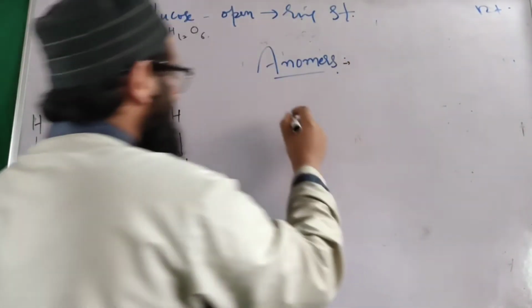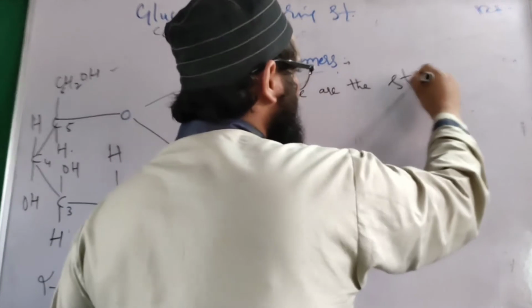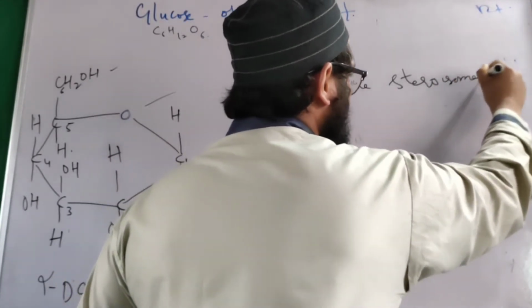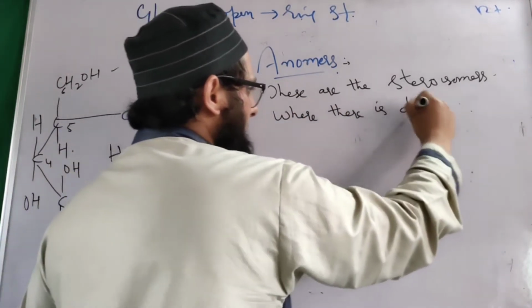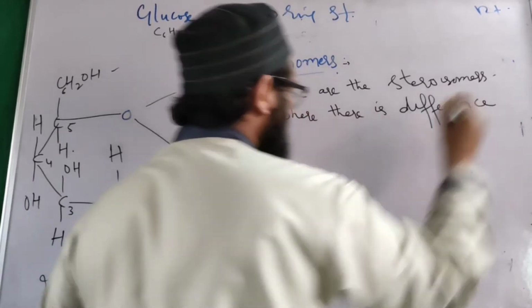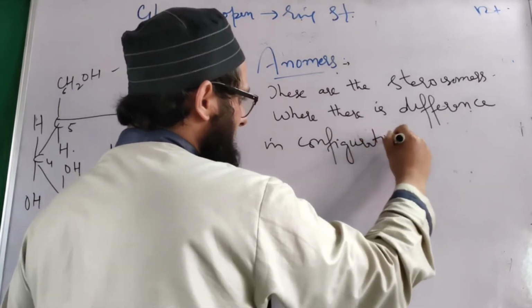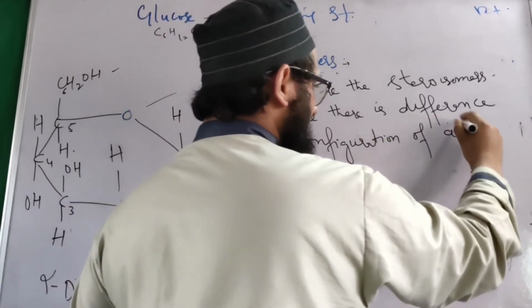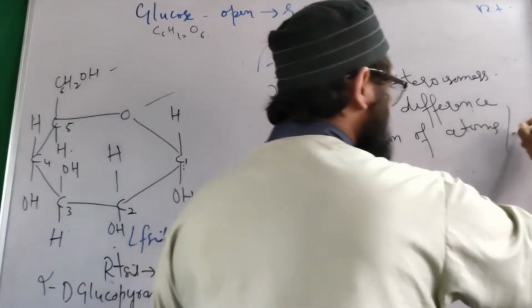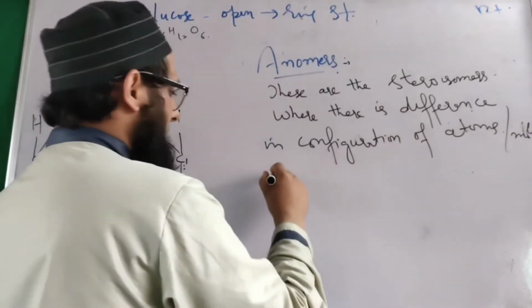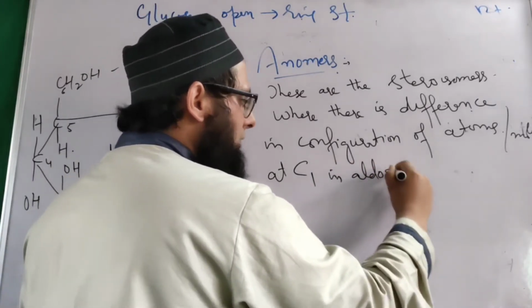It is actually, these are the stereoisomers where there is a difference in configuration of atoms or molecules at carbon 1 in aldose sugars.